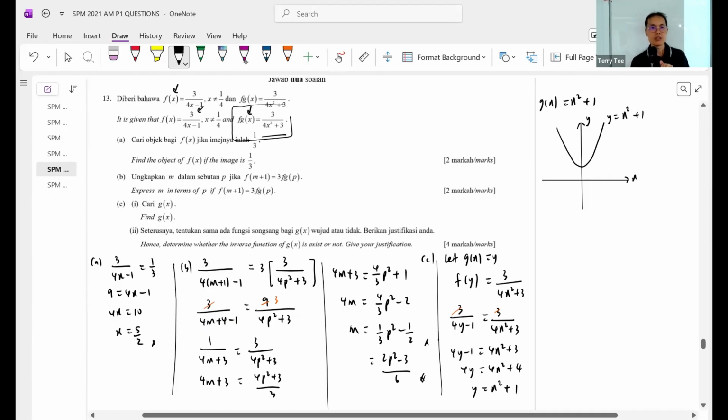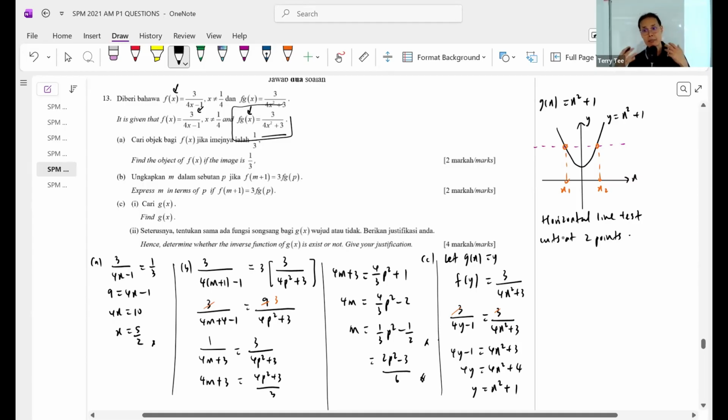Okay, so we use a horizontal line test. We draw a horizontal line. It cuts at how many points? 2 points, right? Intersect at 2 points. So you have 2 x values for the same y value. Okay, so we say horizontal line test cuts at 2 points. So that means what? The function is not one-to-one, right?